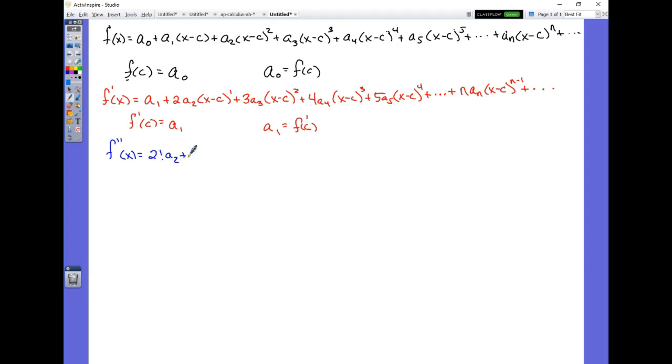Don't say 6. This would technically be 3 times 2 a sub 3 of x minus c. Your next term is going to be 4 times 3 a sub 4 x minus c squared plus 5 times 4 a sub 5 x minus c to the third.